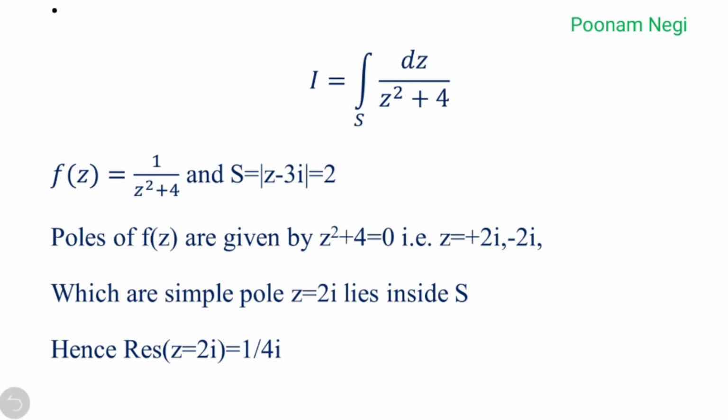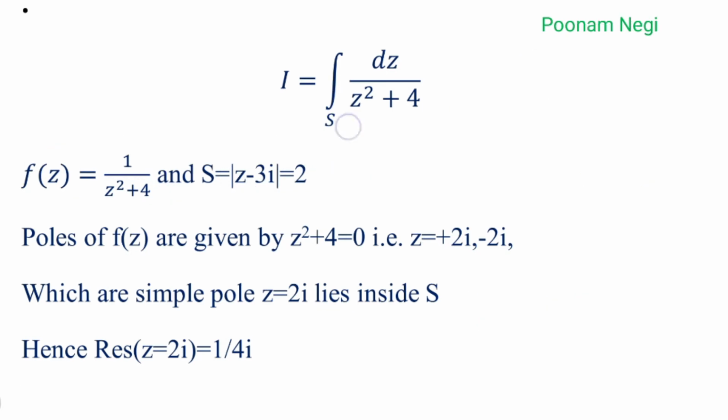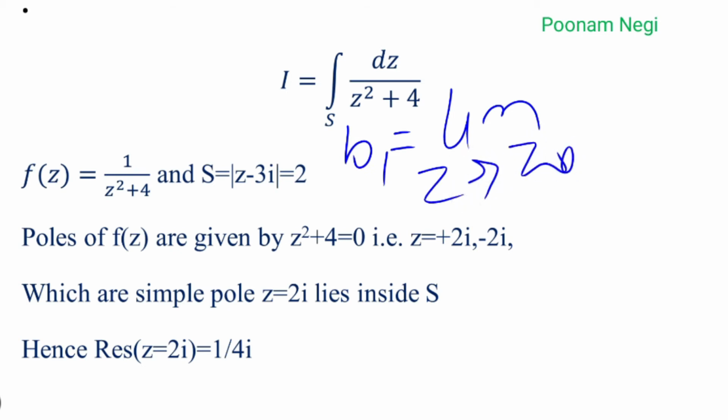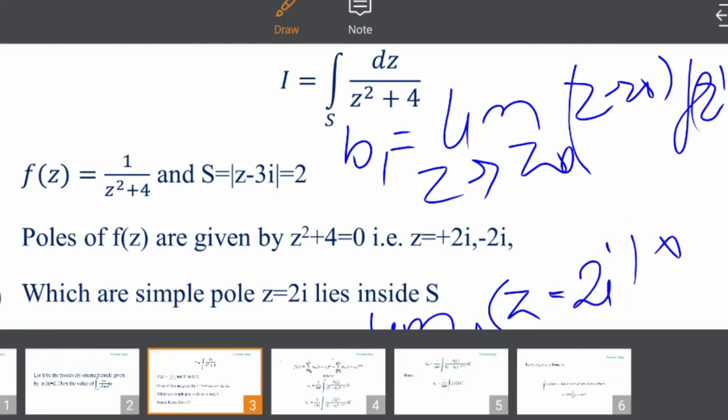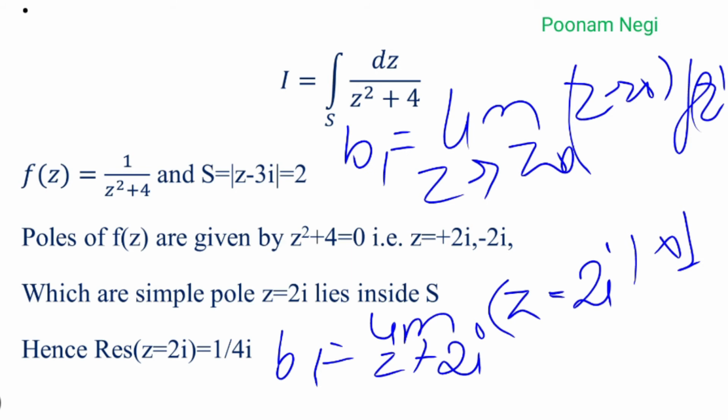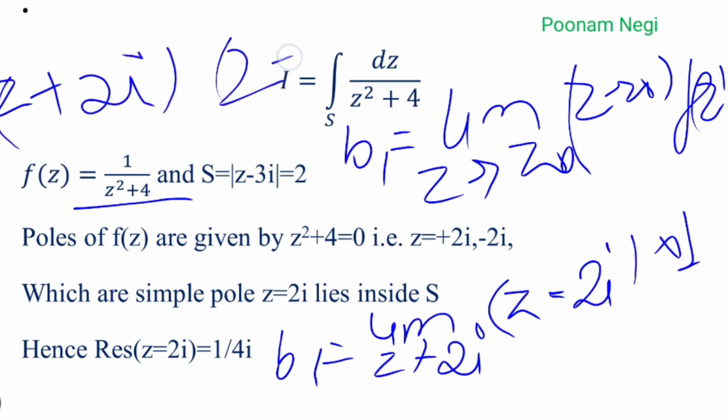Now as we know, the residue is calculated by b1 equals the limit as z tends to z0 of (z minus z0) into f(z). So b1 will be the limit as z tends to 2i of (z minus 2i) into 1 upon z squared plus 4, and z squared plus 4 can be written as (z plus 2i) into (z minus 2i).